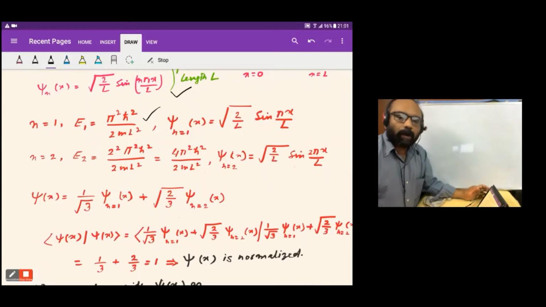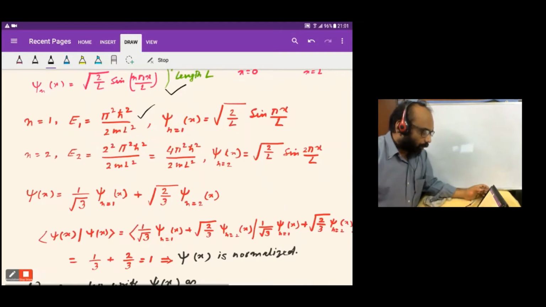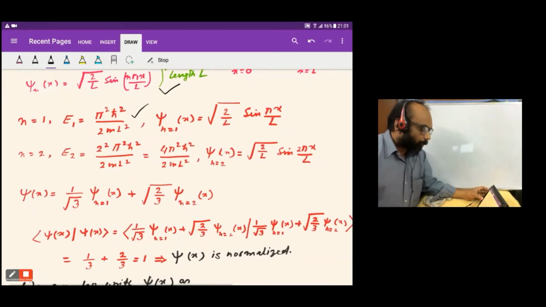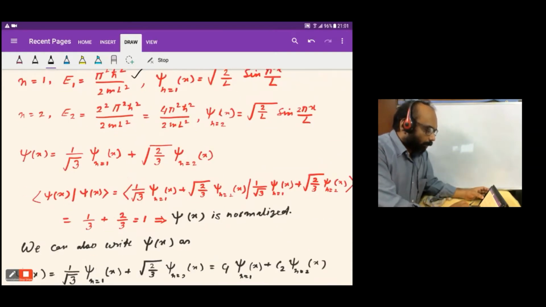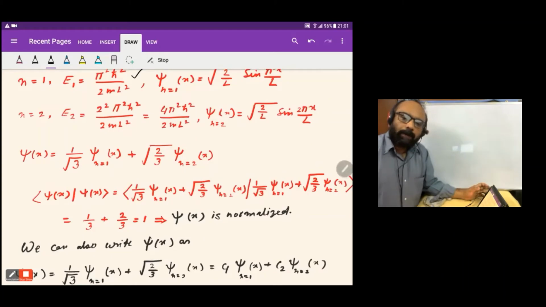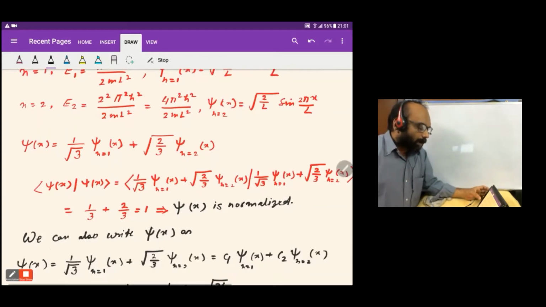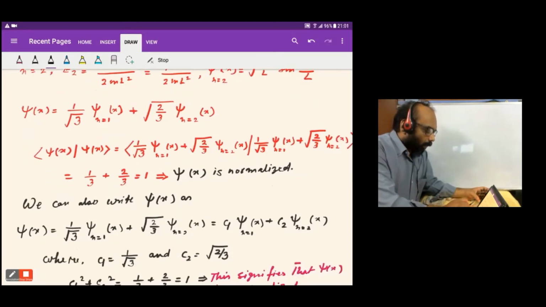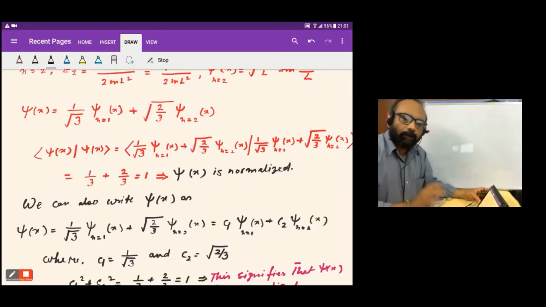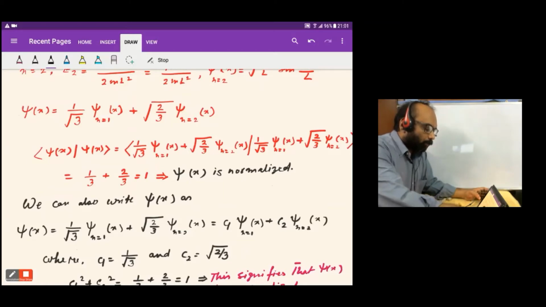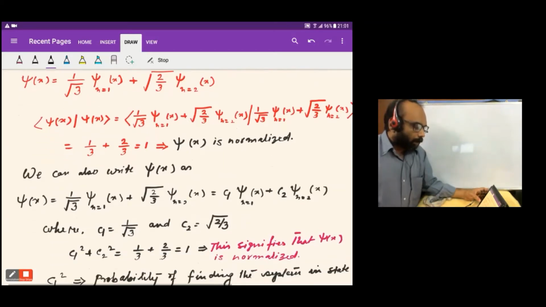First check whether it is normalized or not. So we use the bracket notation and find out that the dot product is 1. That means psi(x) is normalized. We can also write psi(x) equal to C1 psi n1(x) plus C2 psi n2(x), where C1 is equal to 1 by root 3 and C2 is equal to square root of 2 by 3.